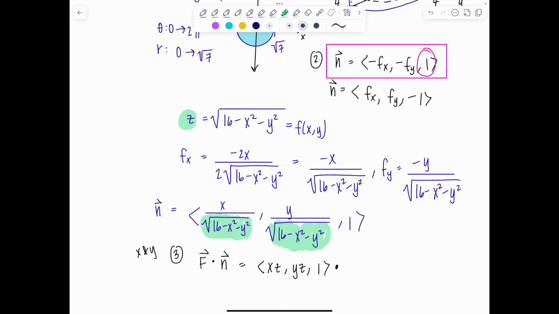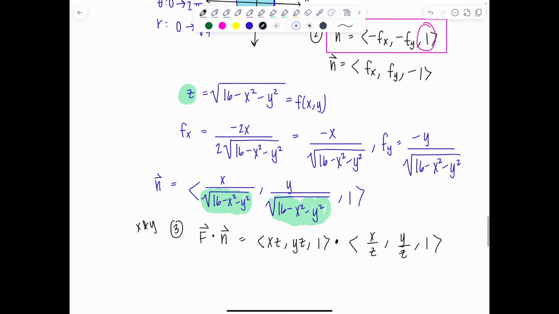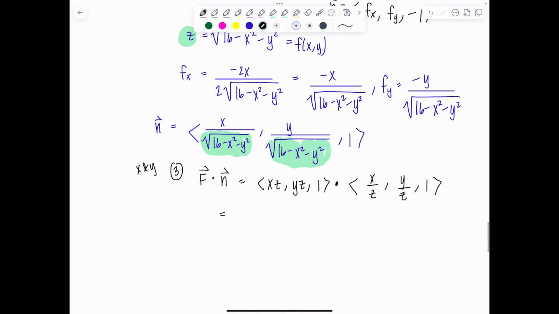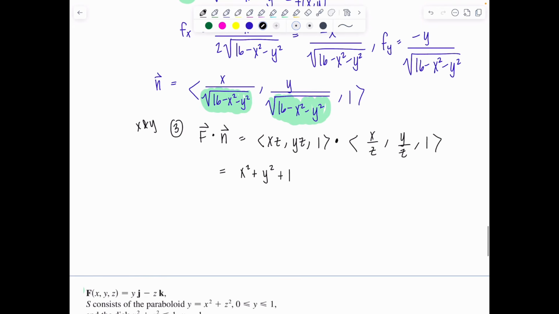So I'm dotting it with x over z, y over z, 1. That works out conveniently because then xz times x over z is x squared. Next component, y squared plus 1. Beautiful. So we knew we were going to go polar. Things are just falling into place beautifully.